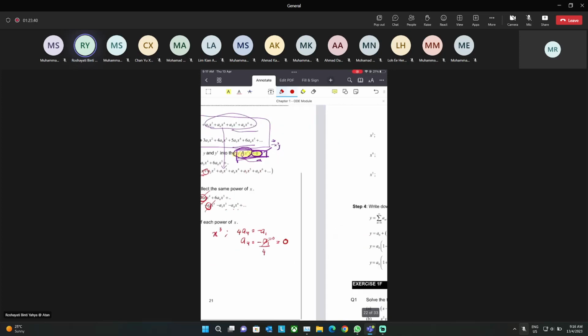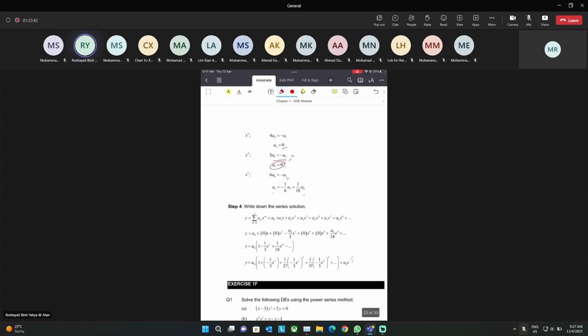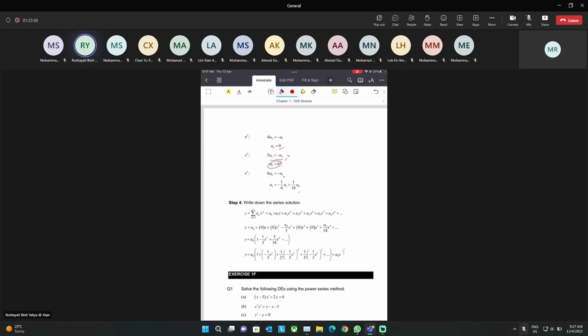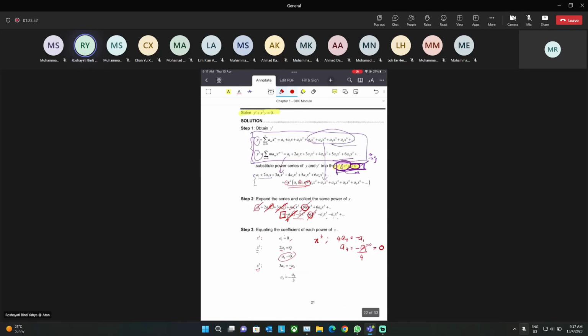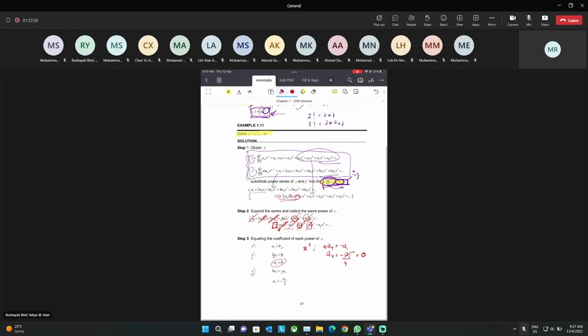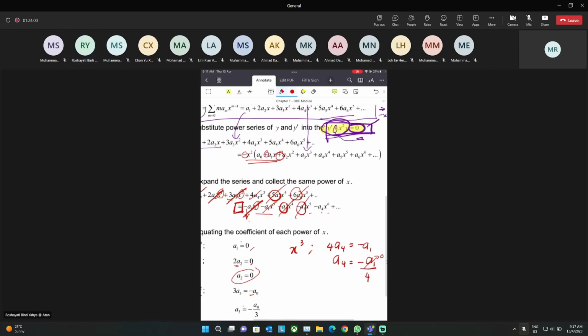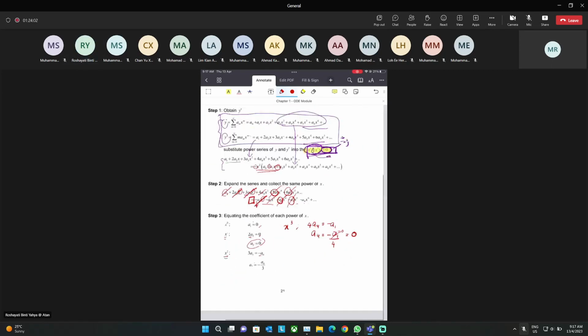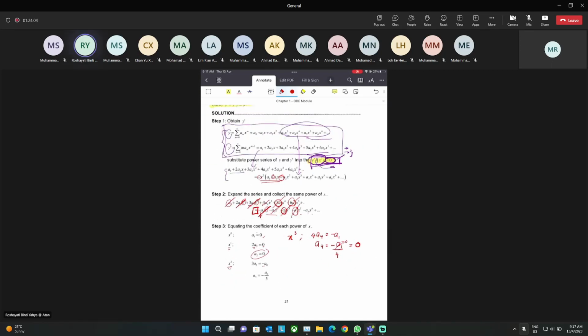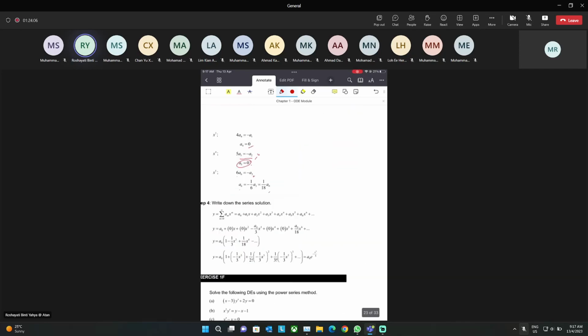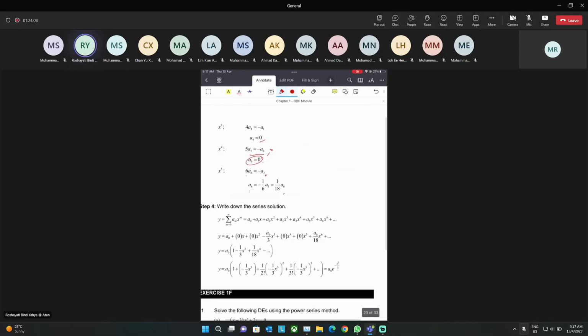So that's why your A5 equal to 0. Okay. X to the power of 5. So x to the power of 5, 6a6, negative a3. After that you cancel. For this, 6a6 negative a3.